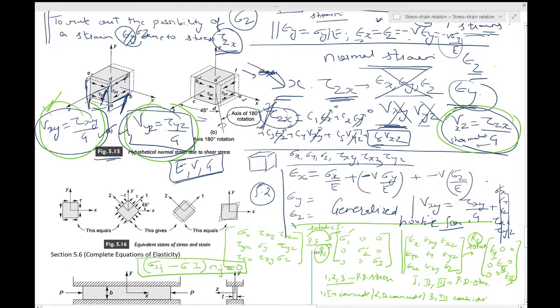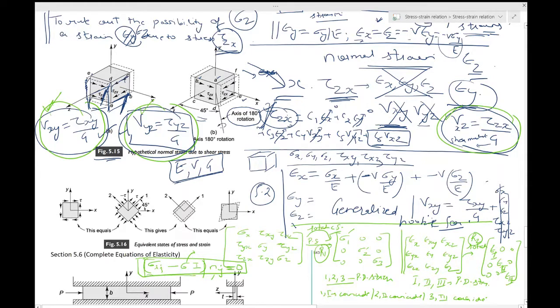Sigma was the principal value, I was the identity matrix, n was the orientation of the new plane which you have taken. If this is to have a non-trivial solution, then the determinant of this has to be equal to 0.